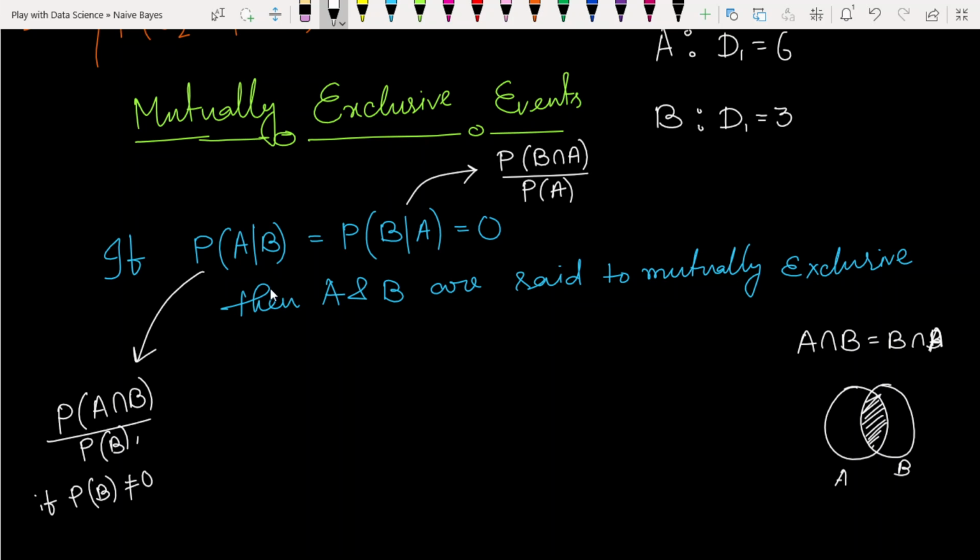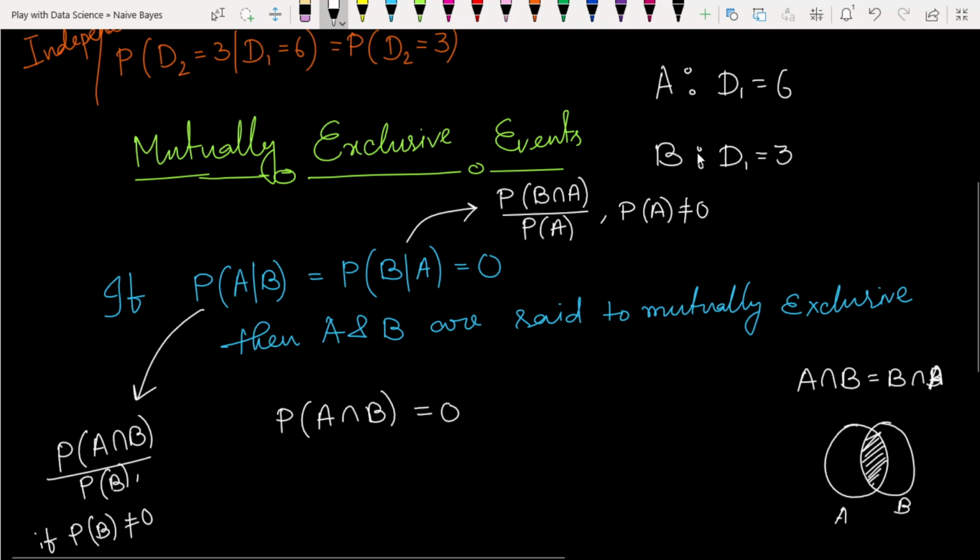Now let us see when this will be equal to 0. Because probability of A and probability of B are not equal to 0, it occurs only if probability of A intersection B, or B intersection A, both the same thing, is 0. Now compare this formula with these equations.